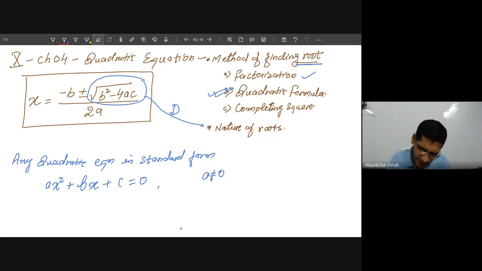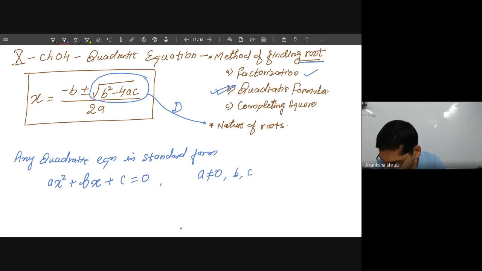This is important, otherwise it gets converted into linear. This thing we have already discussed in the previous class. b and c can be 0, but all of these must belong to the real numbers.